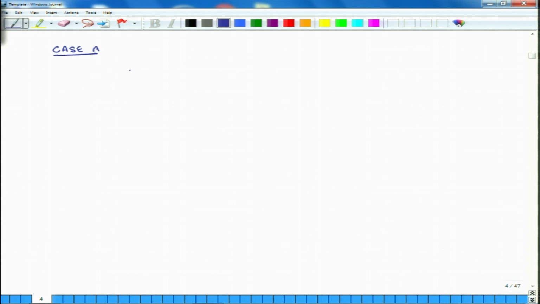So, what is case A? Case A is this thing. And of course, there is a constant uniformly distributed load here, and its intensity is Q newtons per meter.